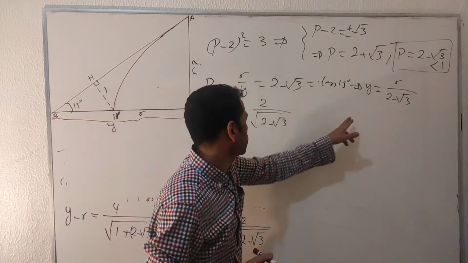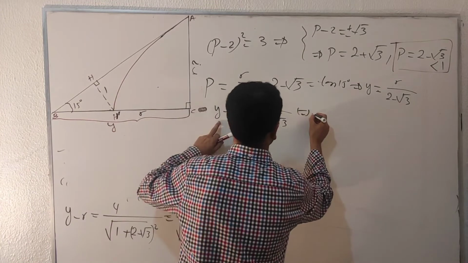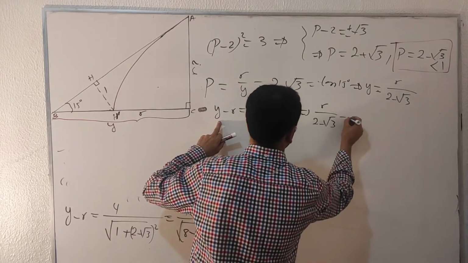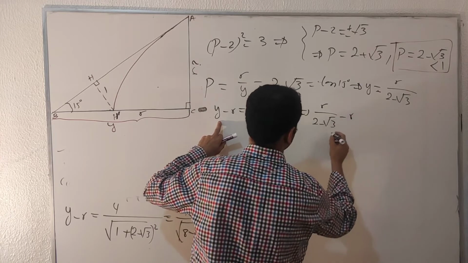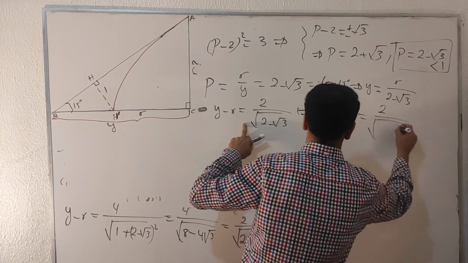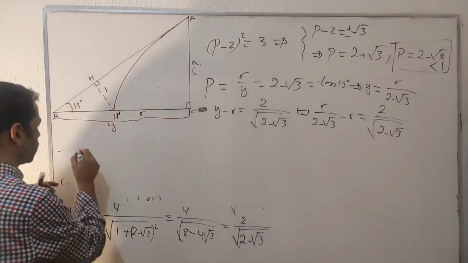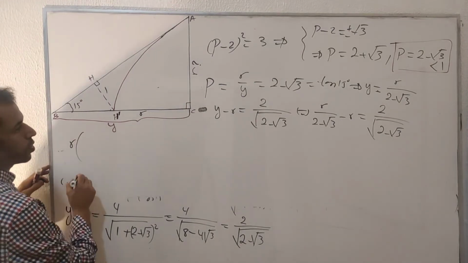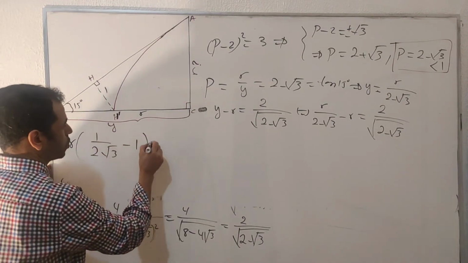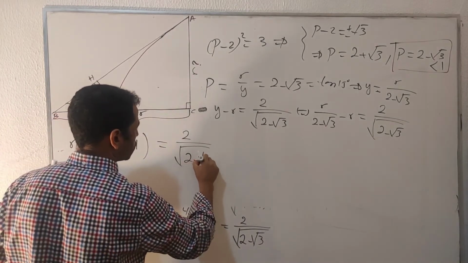Taking this value and inserting it into y here, I get here r over 2 minus square root of 3 minus r equals 2 over square root of 2 minus square root of 3. Taking r as a common factor here, I get here 1 over 2 square root of 3 minus number 1 equals 2 over square root of 2 minus square root of 3.